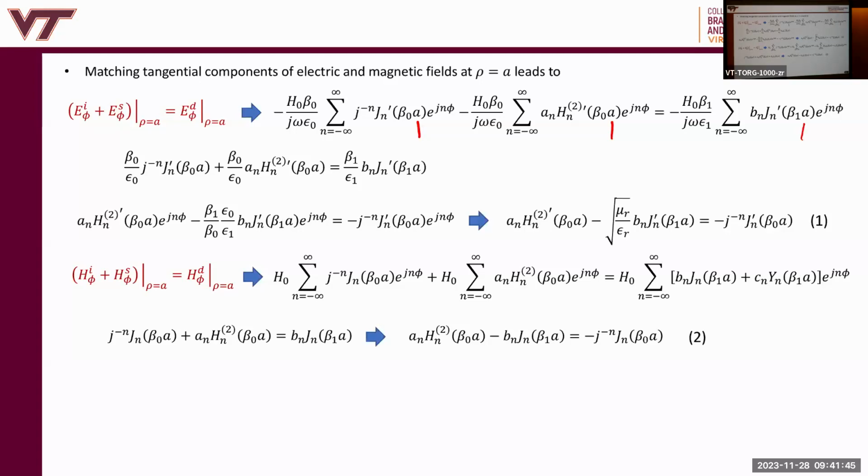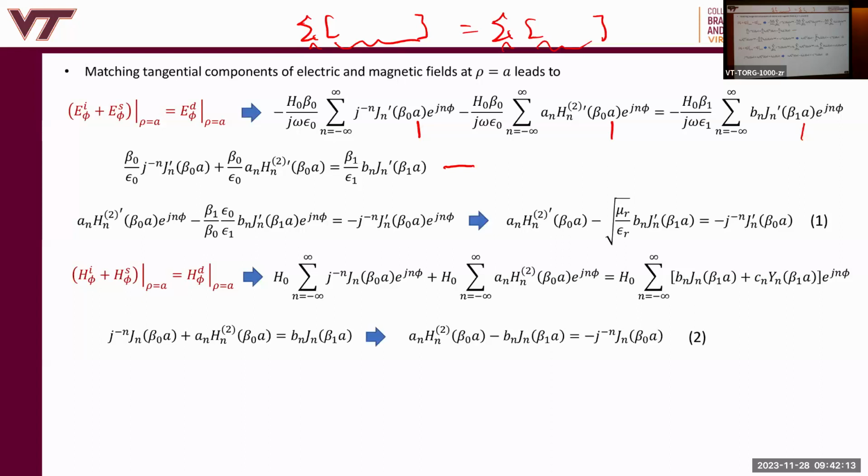You understand what I'm saying, right? The only way this can hold for all n is if this part is equal to this part, right? Because each of these terms are linearly independent. Okay, so you get this expression here, right?